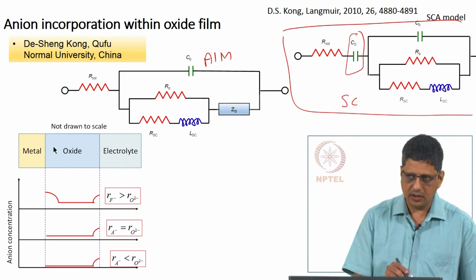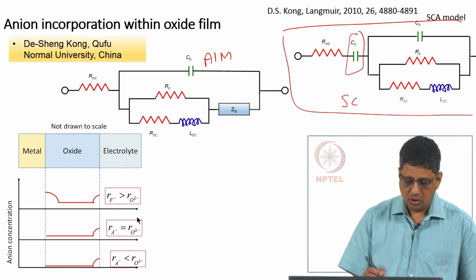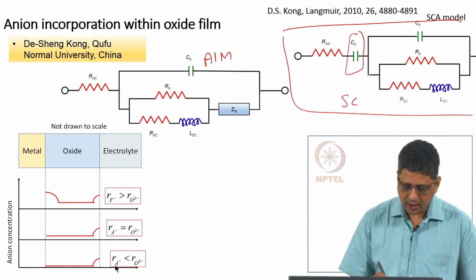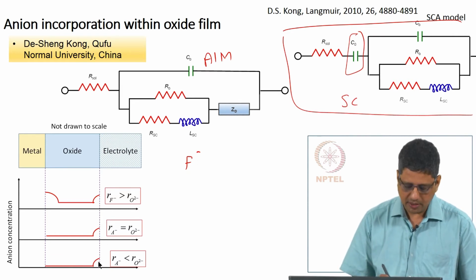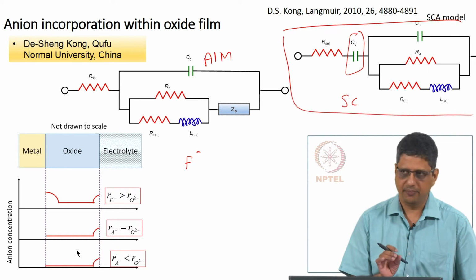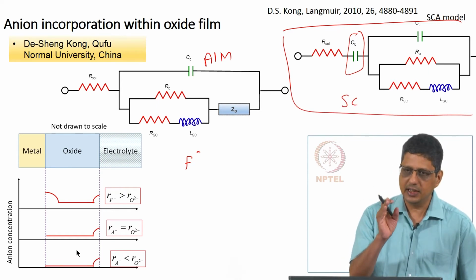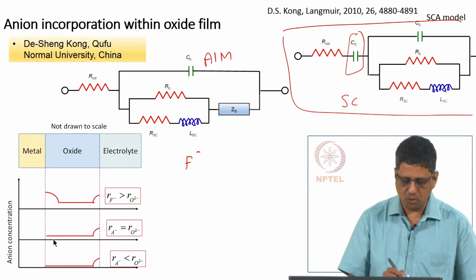Again this is not drawn to scale, they are considering only one film, not multiple layers. Here the anion is fluoride ion. In most cases the anion will not even go through the film, some of it may occupy the location of oxide vacancies, but that is it, it is not going to move in. It may be incorporated in the film near the film solution interface, that is it, not significant movement of this.